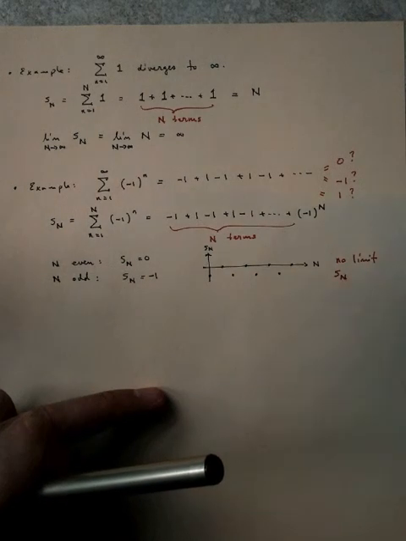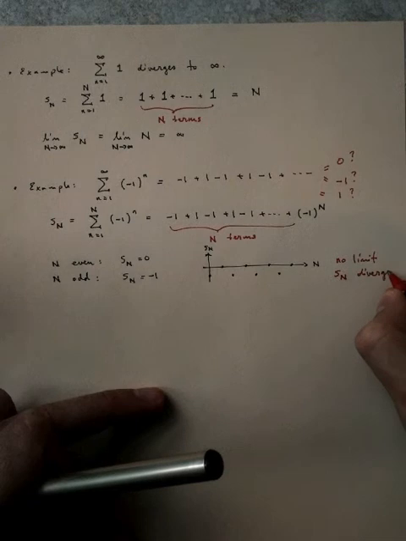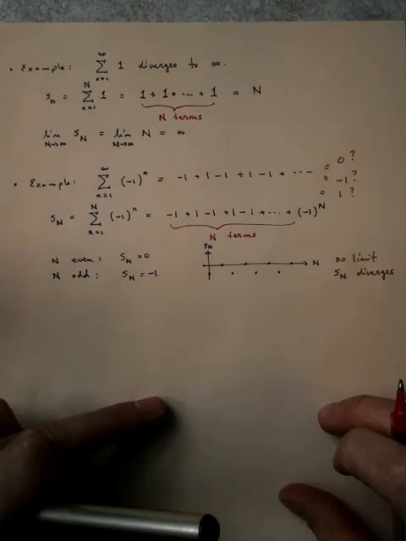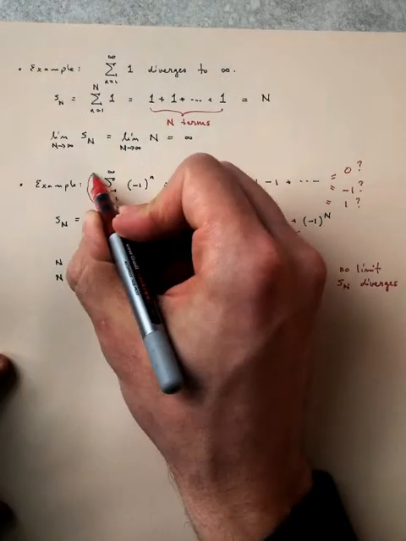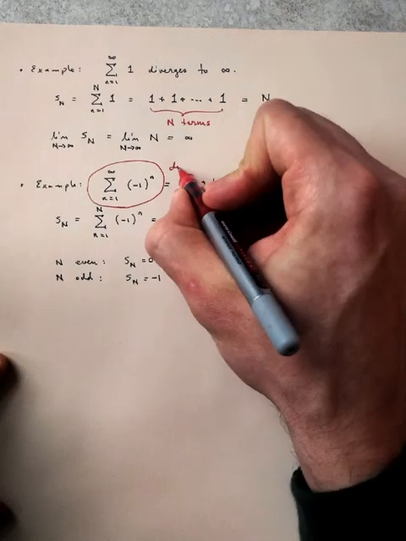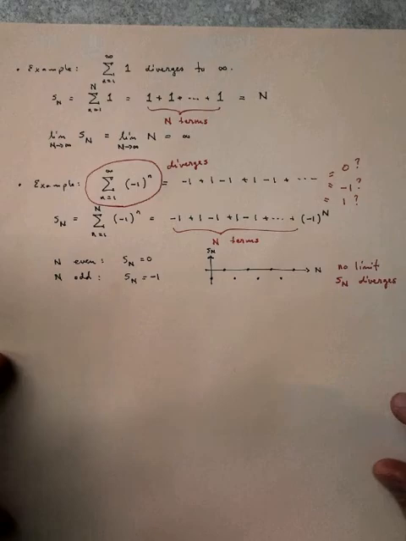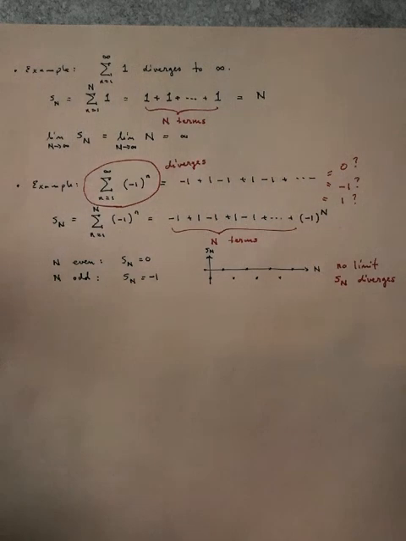So Sn diverges. Remember the definition of a sequence? If it has no limit, we say it diverges. So this sum here also diverges. Okay, it doesn't diverge to infinity, but it just doesn't sum to anything. Okay, so infinite sums are pretty weird.